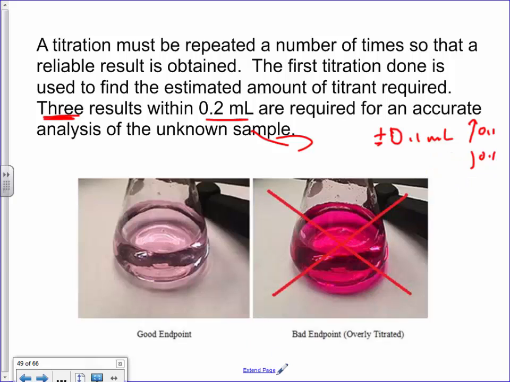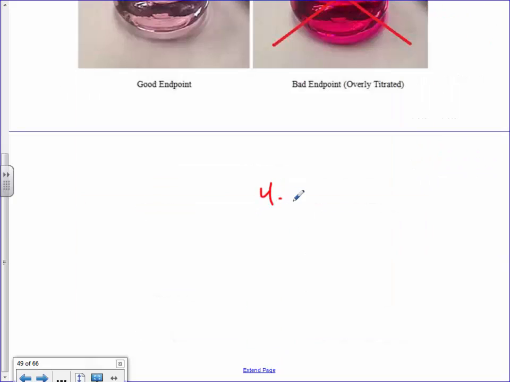Let me give you some examples. Let's say the first time I do it, I get 4.0 milliliters. That's how much volume it requires. Remember how from here to here was 4 milliliters? I did that the first time. But I shouldn't just do it once, so I do it a second time. And the second time I get 4.2 milliliters. Is that within a range that's reasonable? I'd say yes.